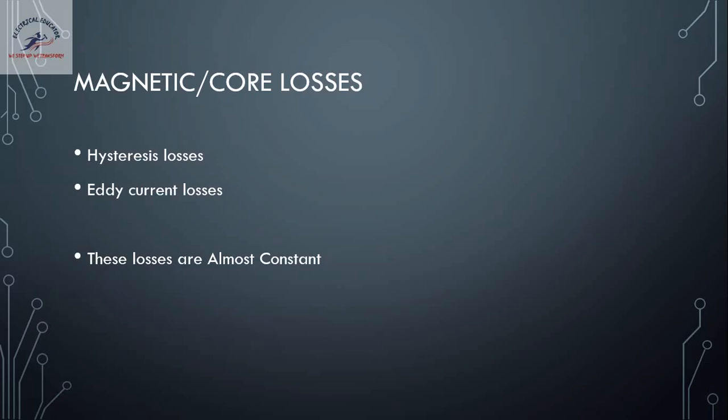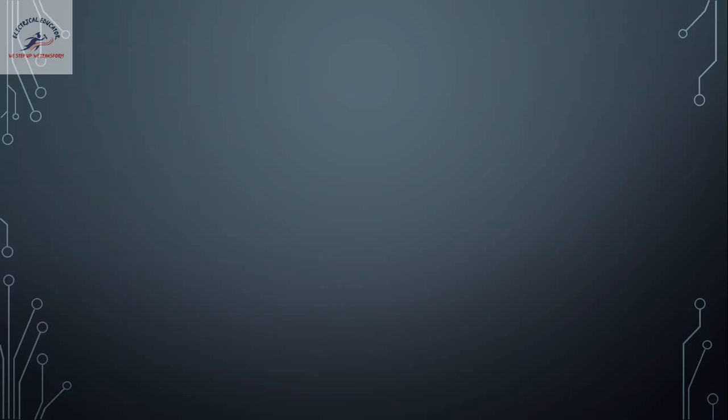These losses are almost constant, and in numerical calculations we take these losses as constant losses. So there is another term for these iron losses, magnetic losses or core losses: we call it a constant loss.